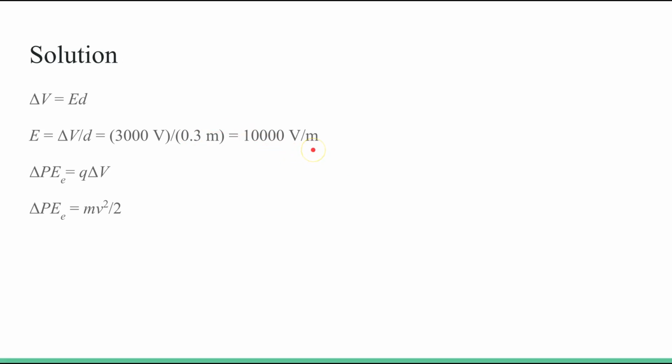So volts per meter is just another version of electric field. Volts per meter is the same as newtons per coulomb if you actually do all the dimension work.